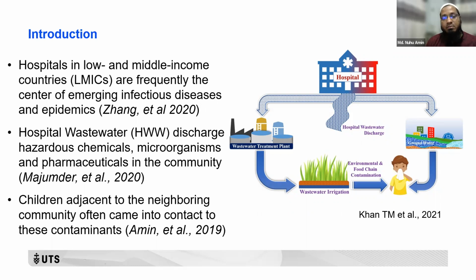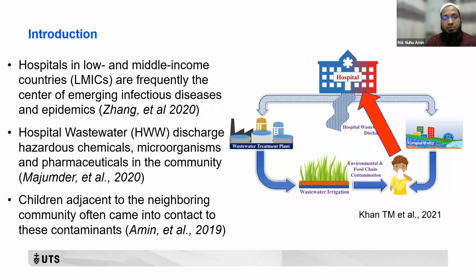But in low and middle income countries, the hospital wastewater is usually discharged directly to the drain, or with minimal treatment, and people usually get infected. And interestingly, these people go back to the hospital and seek treatment. And this cycle continues with hospital wastewater and hospital infection.